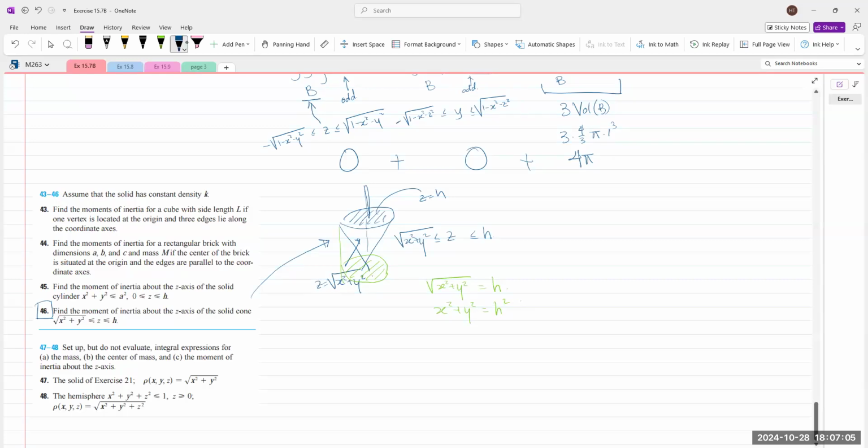Okay, so the moment of inertia about the z-axis means the distance of that point from the z-axis is the square root of x squared plus y squared.